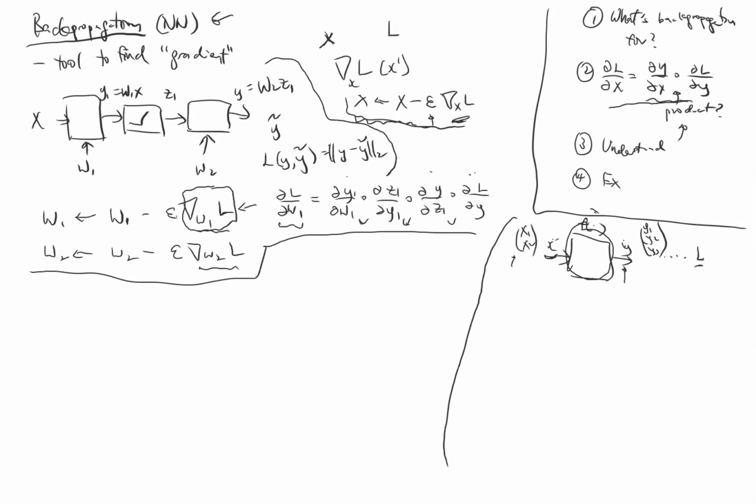For example, if W has shape W11, W12, W21, W22, then the partial derivative of L with respect to W is partial L, partial W11, partial L, partial W12, partial L, partial W21, partial L, partial W22. Again, it's the same dimension as W here.